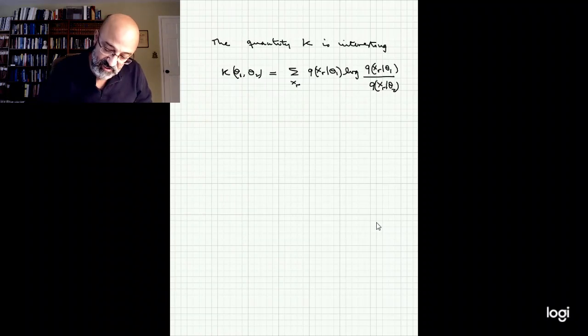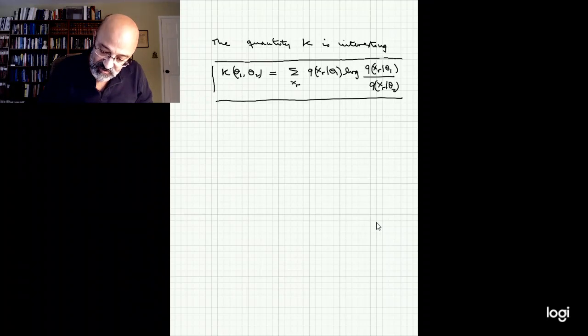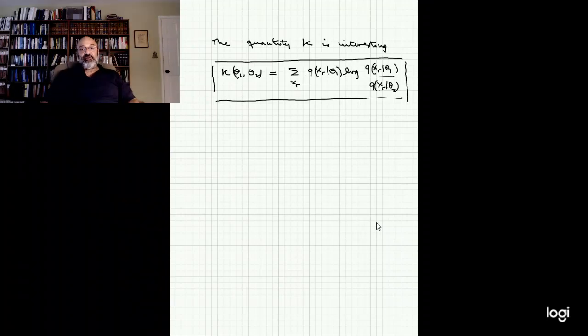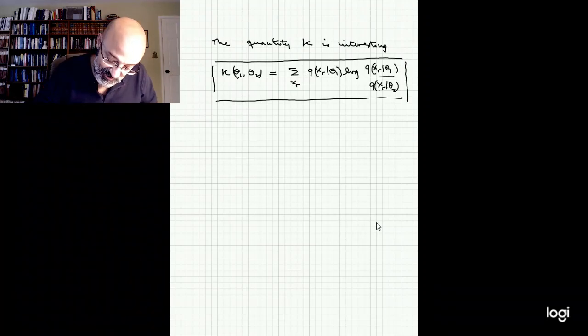This quantity here is going to be central to whatever follows in this class. This is the very first appearance of a quantity that's normally called relative entropy.